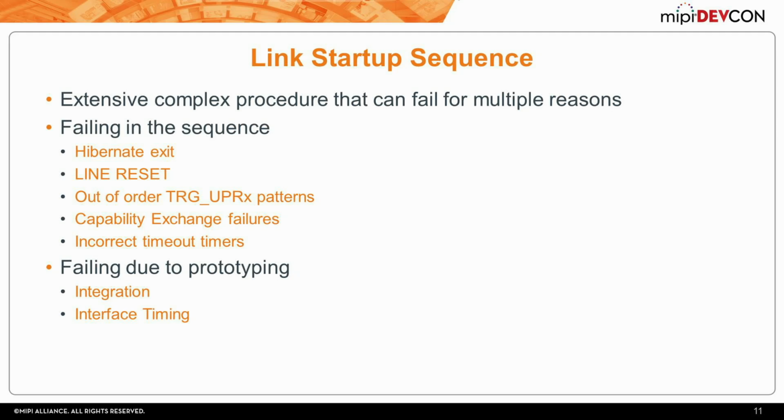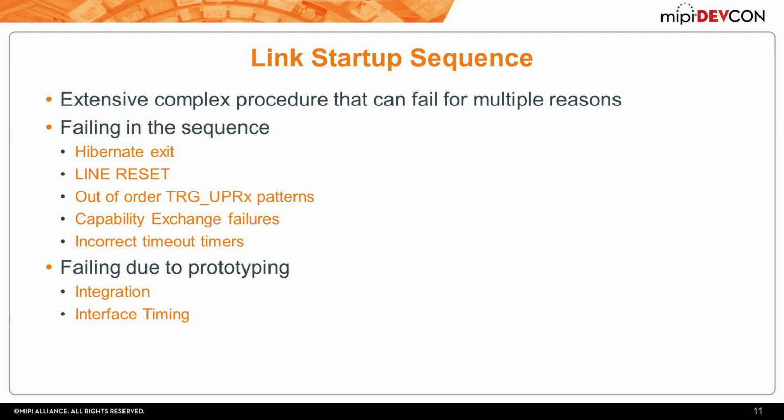For example, if one of the nodes were not able to exit the Hibernate state because a proper reset was not done, because of misconfigured MMCs or RX lines, because of an out-of-order trigger pattern exchange, because of capability exchange failures, or incorrect timeout. It's important to notice that even the link startup sequence is protected by a 100 milliseconds timer.